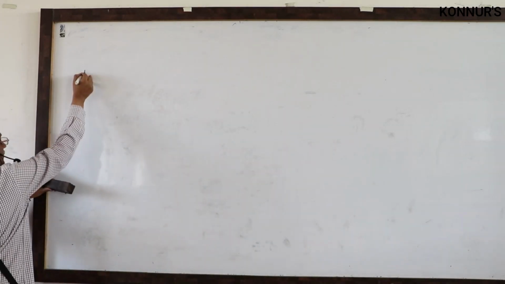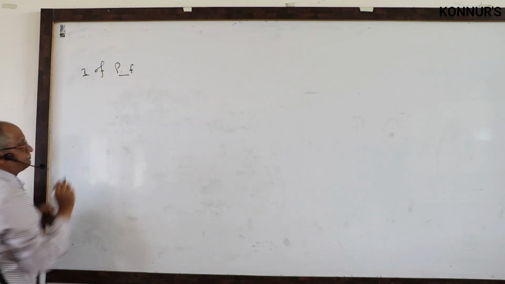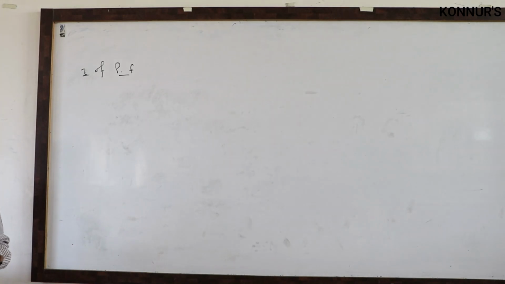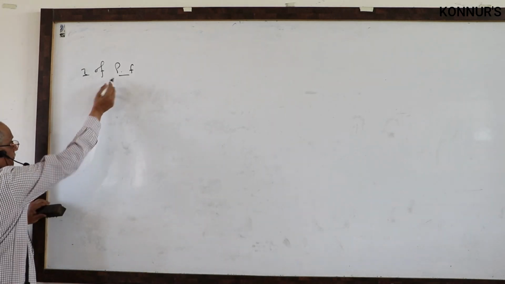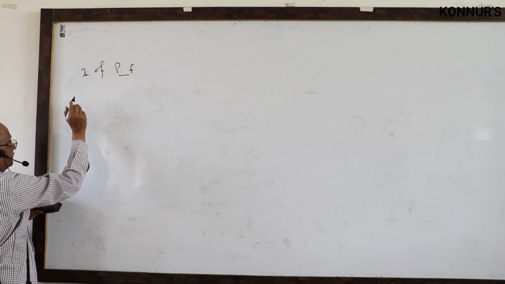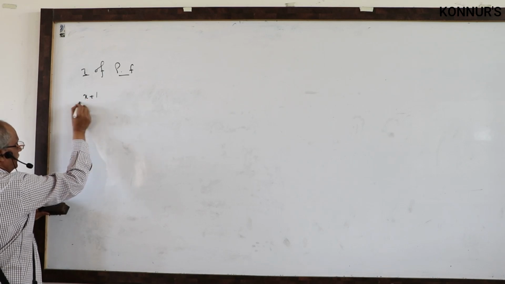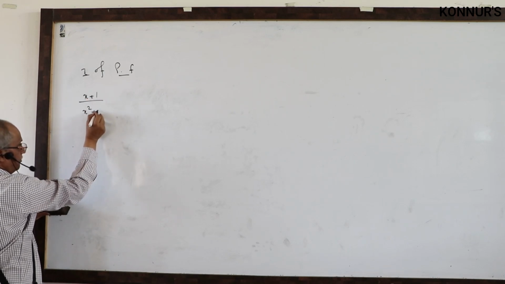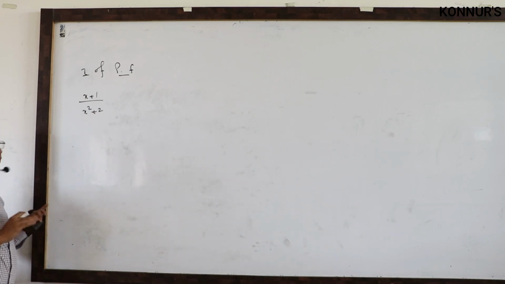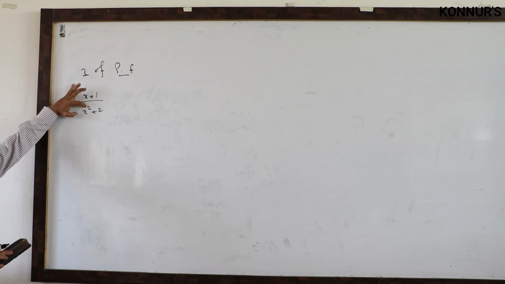See, integration of partial fractions. First of all, what is the meaning of partial fractions? Partial fractions are of two varieties. Suppose x plus 1 by x square plus 2: numerator degree 1 is less than denominator.